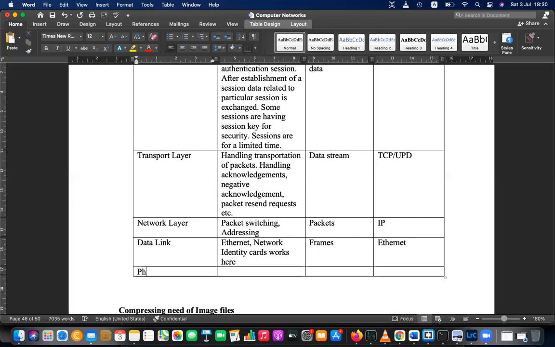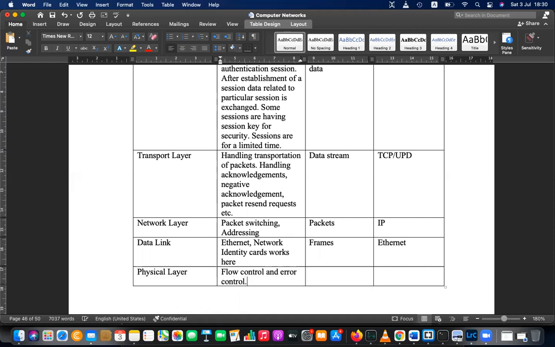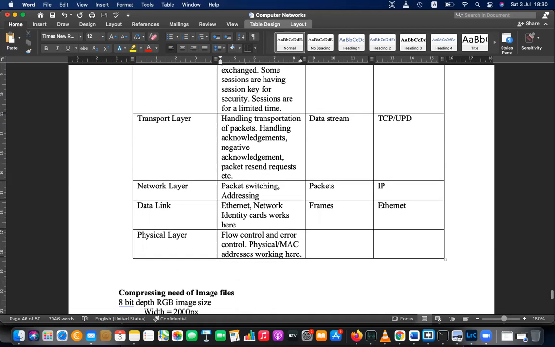Then the physical layer. Here flow control and error control, physical or MAC addresses work here. And here actually you have bits.